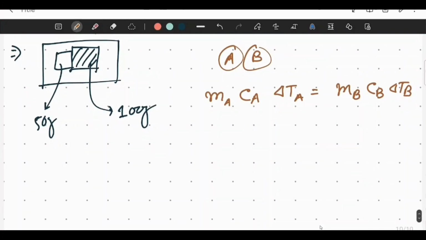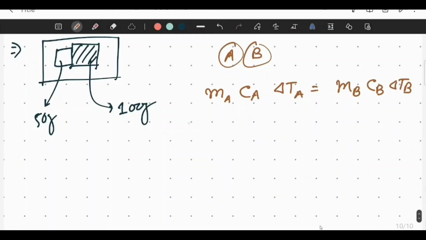So here we can write M_A, which is 50 gram. The heat capacity of copper is also known to us, but both are copper here, so C will be cancelled because both will be C.